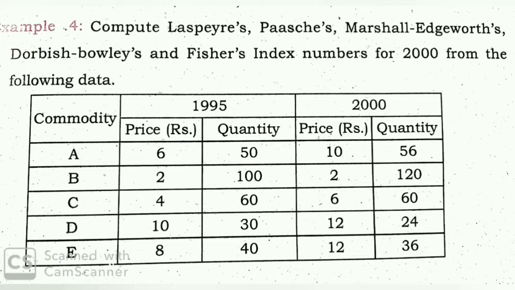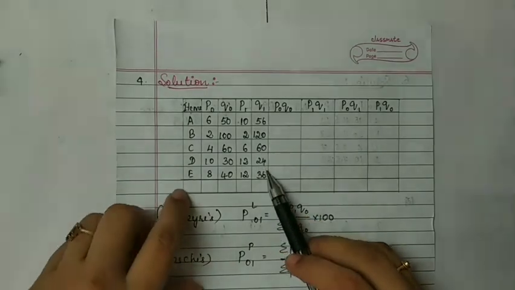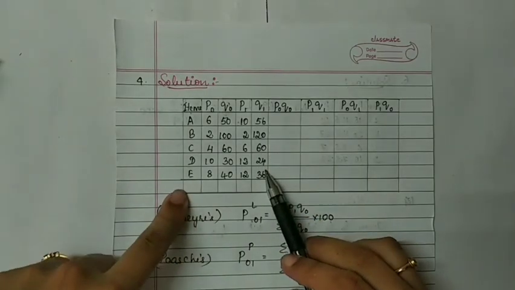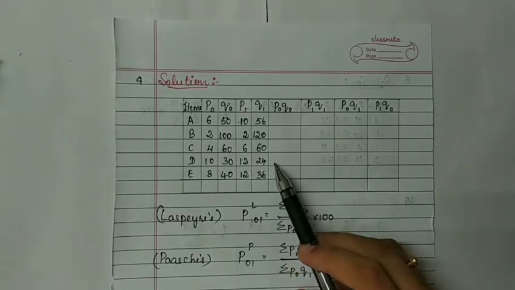Commodities are given with P0, Q0, P1, Q1. First write down the problem as it is, and then we are asked to calculate almost all the weighted aggregative index numbers.